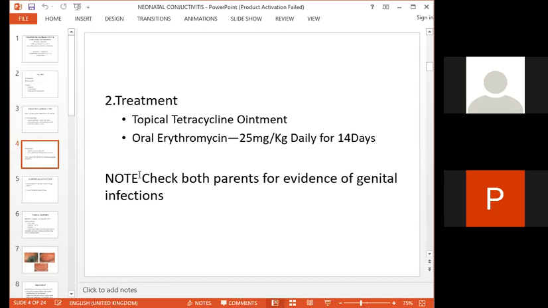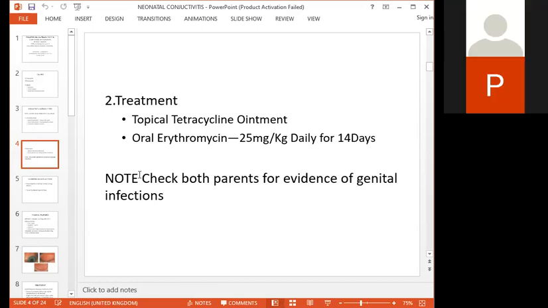Otherwise, if you put the tetracycline without doing anything, you're actually plugging the organisms behind the ointment. So the eyelids, you open them, irrigate, it will clear the pus. After you've cleared the pus, that's when you put in this tetracycline ointment. If you don't do that, you are plugging the organisms around the cornea.